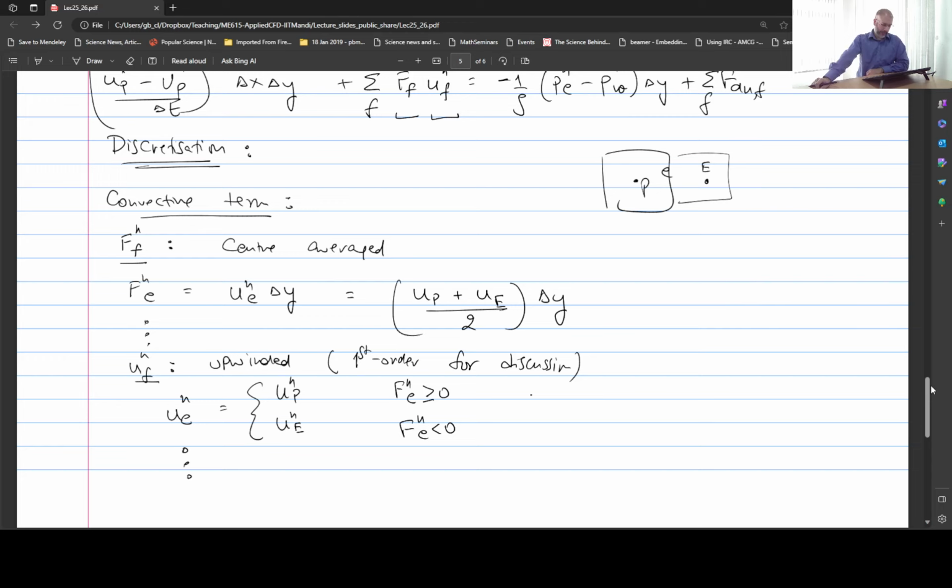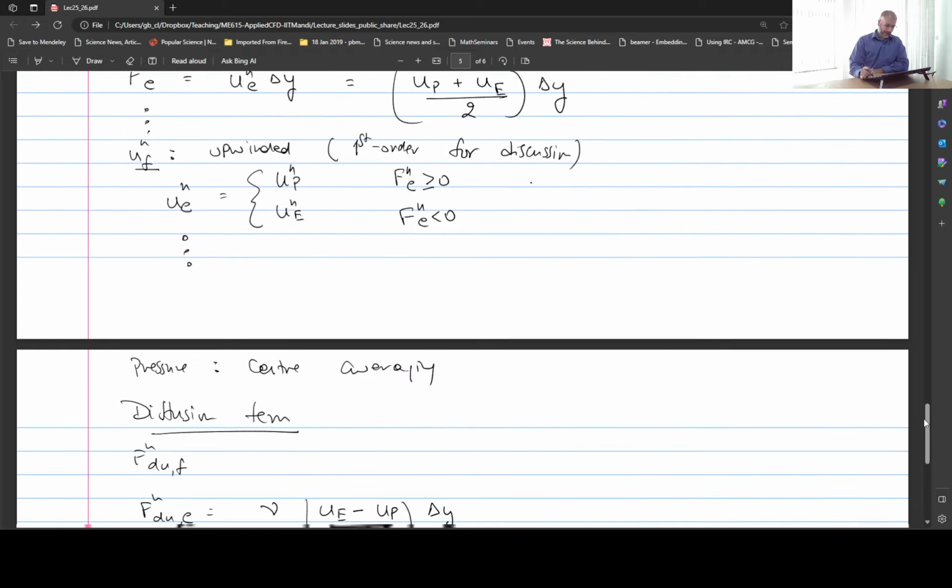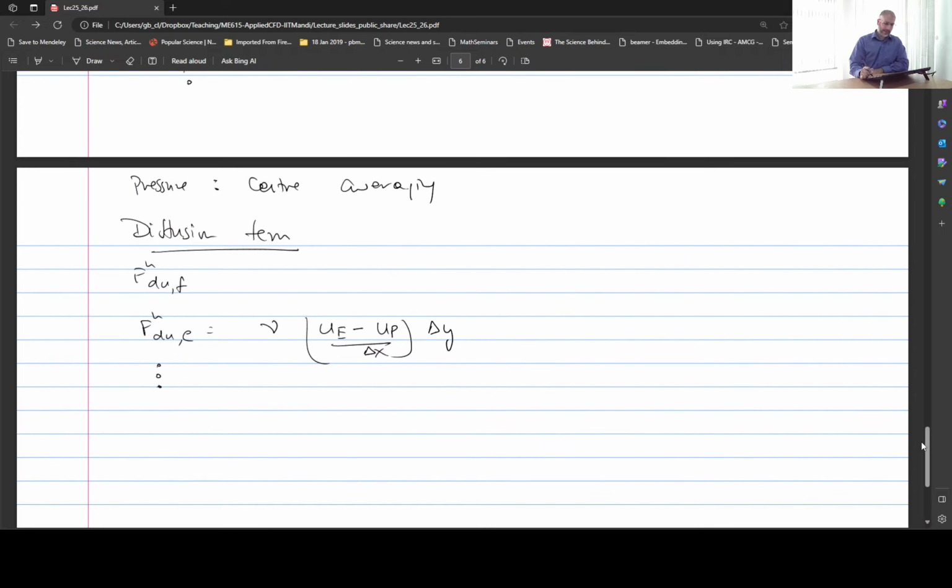So U is upwinded, from the ideas that we are bringing from the 1D wave equation, hyperbolic equations. This is the approach we followed, and then for the diffusion terms we followed standard center differencing to discretize the gradients, or the partial derivatives, at the phase boundaries.